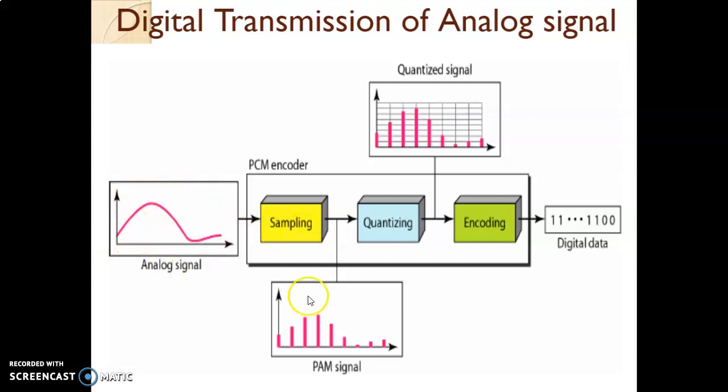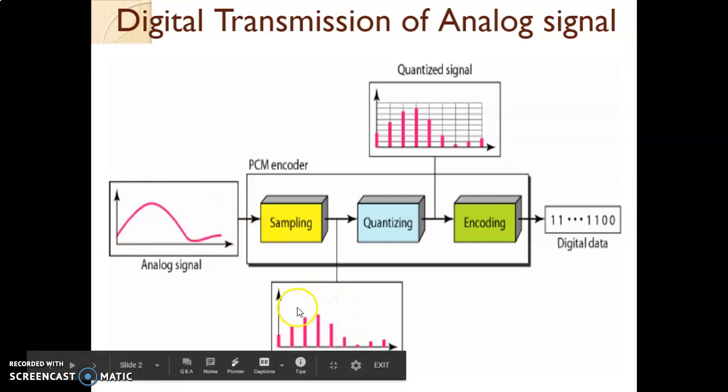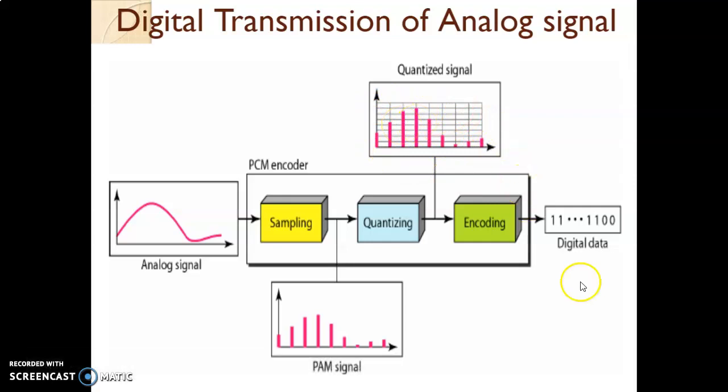The sampled signal will be nothing but our PAM signal, which will look like this. After quantizing the PAM, the signal will look like this, and after encoding, the signal will be digital data. So this is the three-step process used to convert any analog signal into a digital signal.